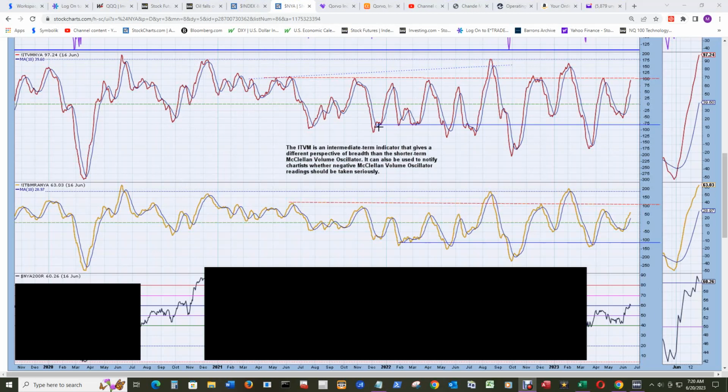It just has not been able to do that since then, when it went back under in October of 2021 and has been staying under it, or going above it and going back under. There needs to be a sustained period of being above zero for both of them.